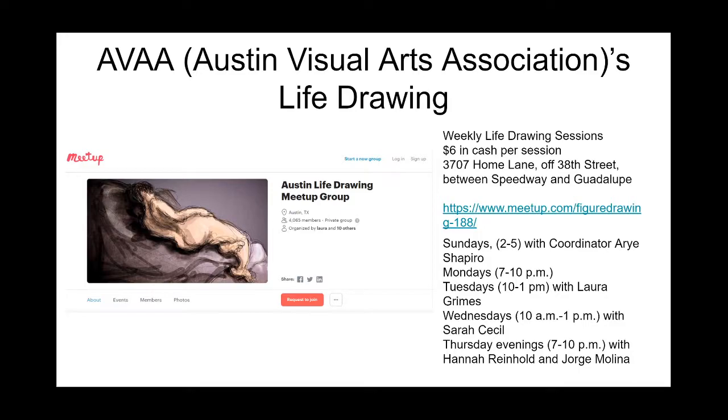You can go in and, with a few other artists, draw a model right in front of you. Just a warning, the model is naked, so if that's uncomfortable for you, heads up. Also, it is $6 in cash because they need to pay the model.